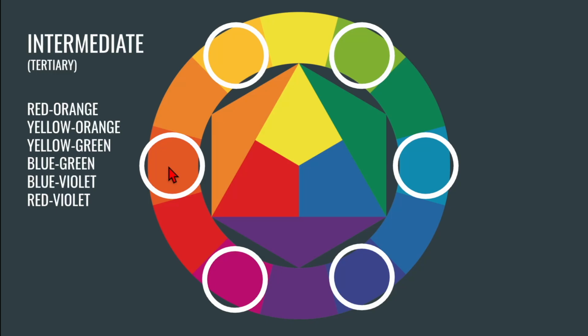And of course, my favorite Skittles color is yellow mixed with green is going to give us yellow green. So there are three primaries, three secondaries, and six intermediates. So there's 12 colors in all on the basic color wheel. The intermediates are red orange, yellow orange, yellow green, blue green, blue violet, and red violet, which again are easy to name when you know the primaries and the secondaries to start this off with.